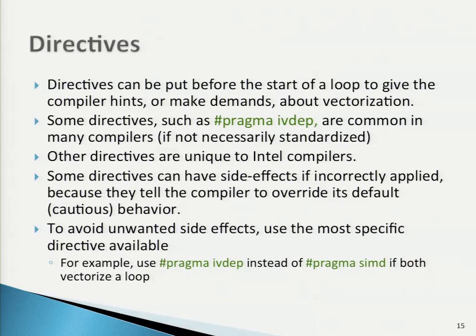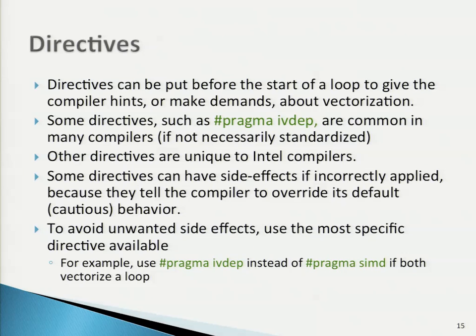And with other directives, you can force the compiler to vectorize no matter what. You can end up with a lot of problems if you do that, because you might end up producing the wrong answers. So I recommend, if you've got a choice between 2 different suggestions, here are a couple of them, IVDEP and SIMD, choose the one that is the least forceful, to avoid any potential problems.